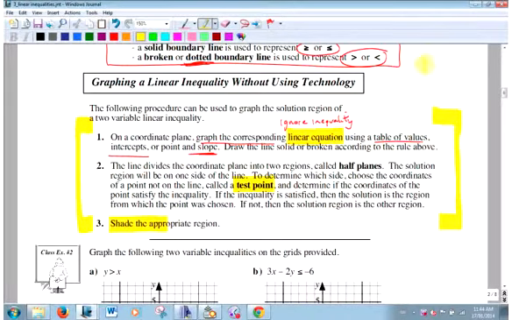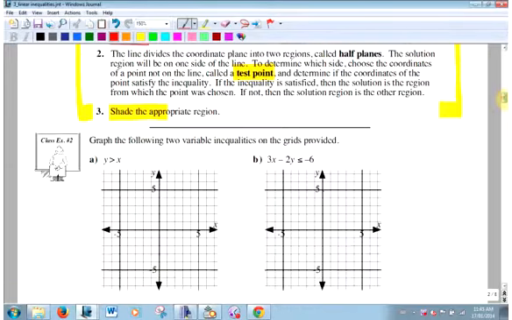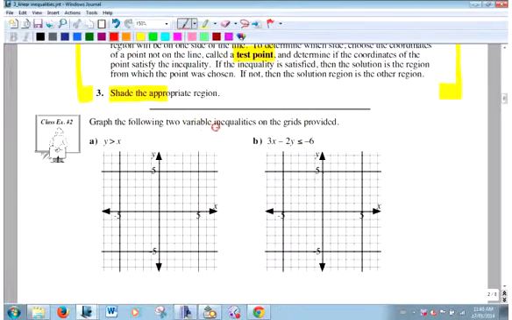This isn't art. Don't spend all day doing that. Here's how you shade. Done. Graph this inequality on the grid. Could I come up with a simpler one to start? Probably not. What's step 1?